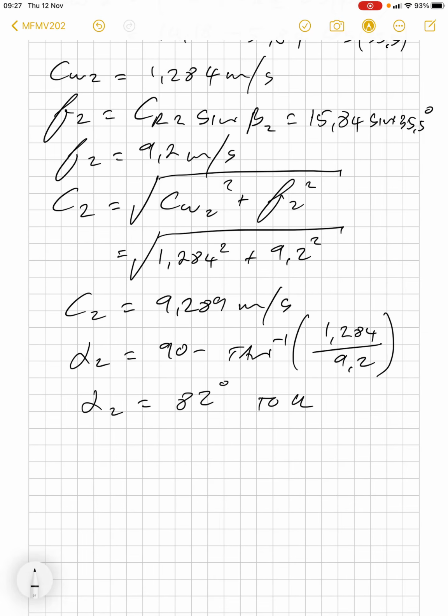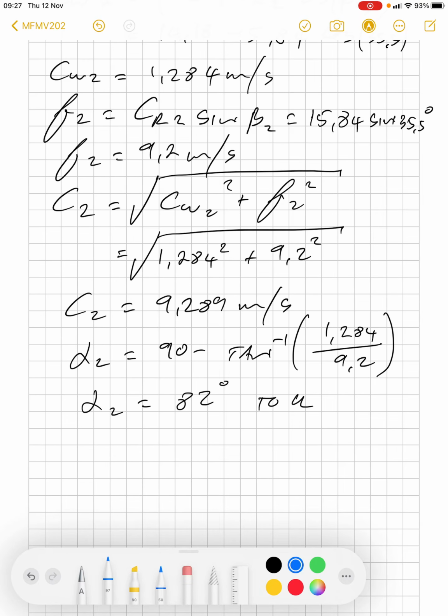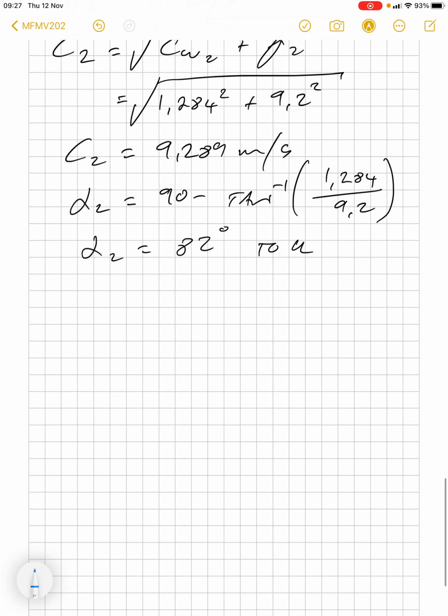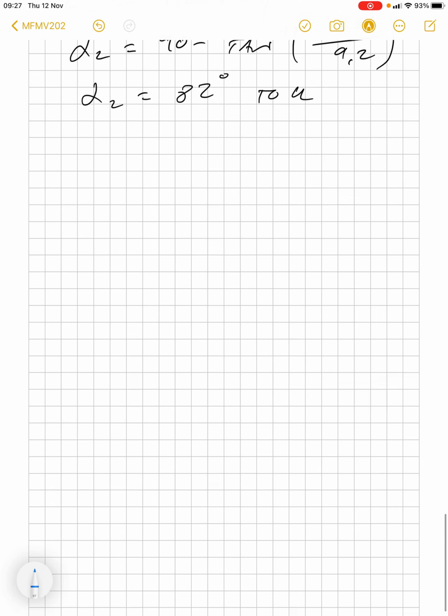Alright. Then the next question is the hydraulic efficiency and shaft power of the turbine. That's number 4.